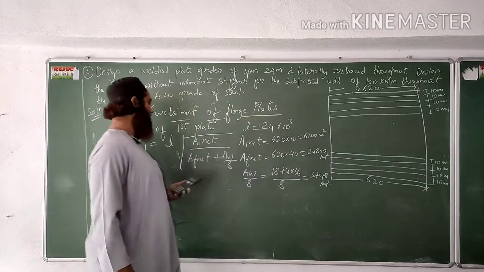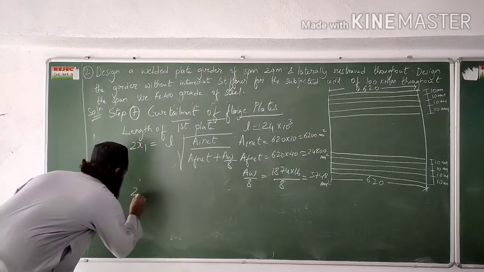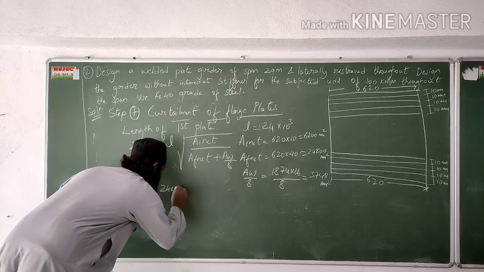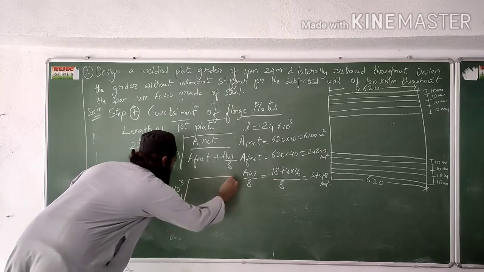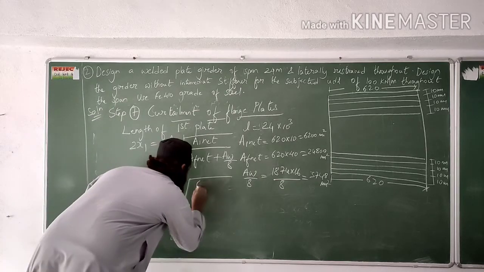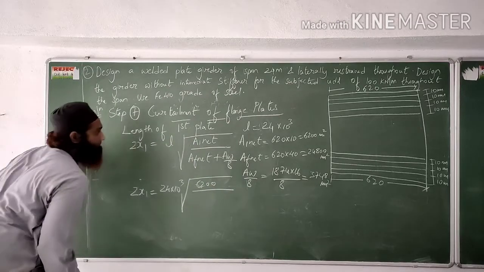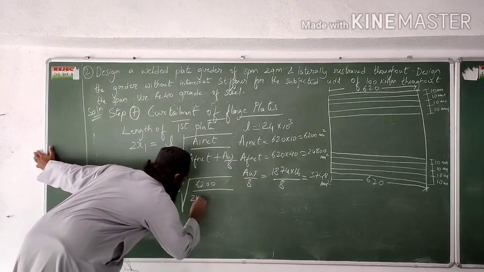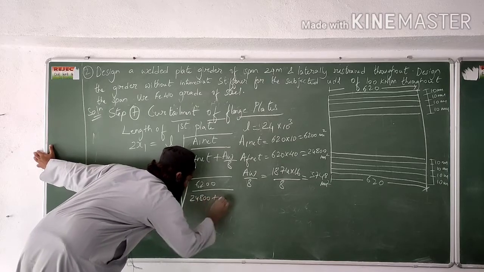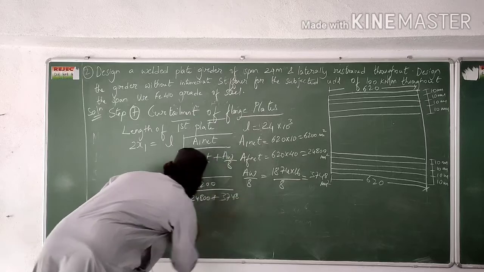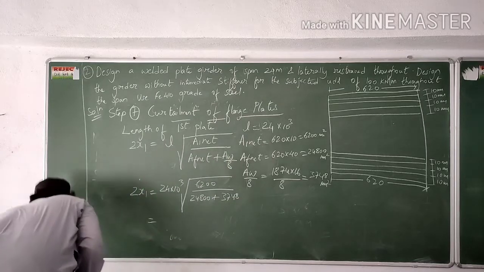Let us substitute all these values here. 2x1 is equal to 24 into 10 cube under root A1 net, AF net is 24,800 plus 3748. Let us check this value.